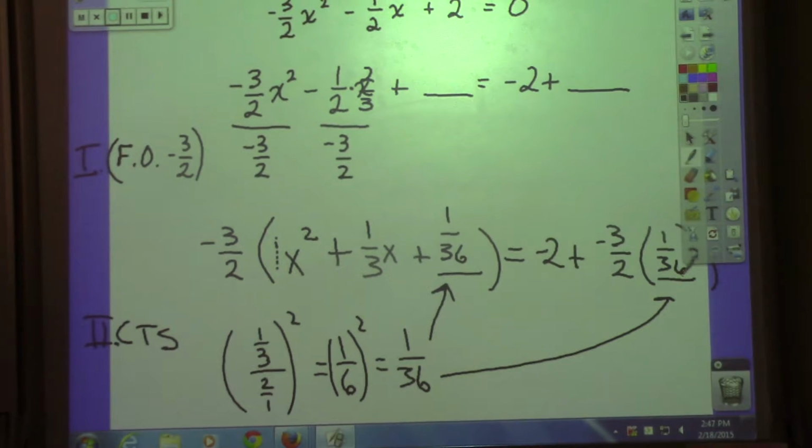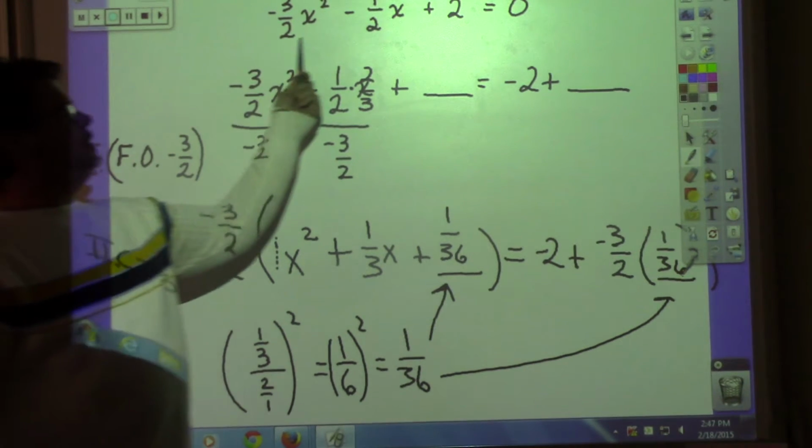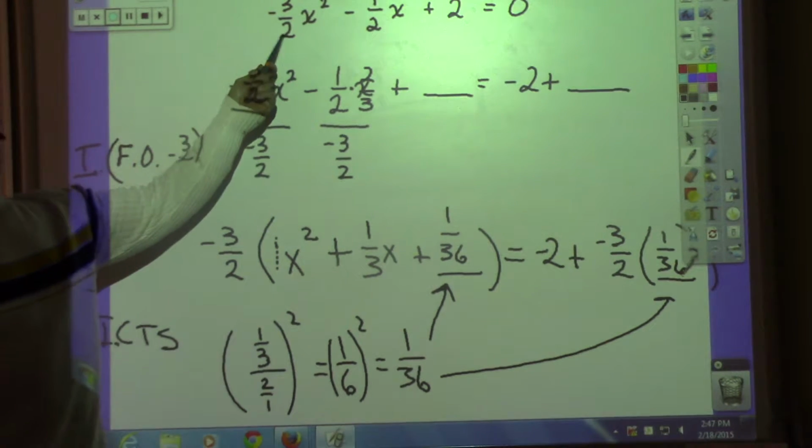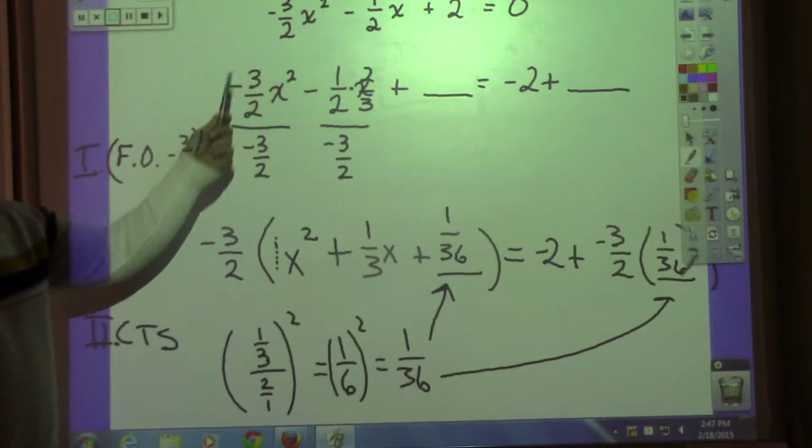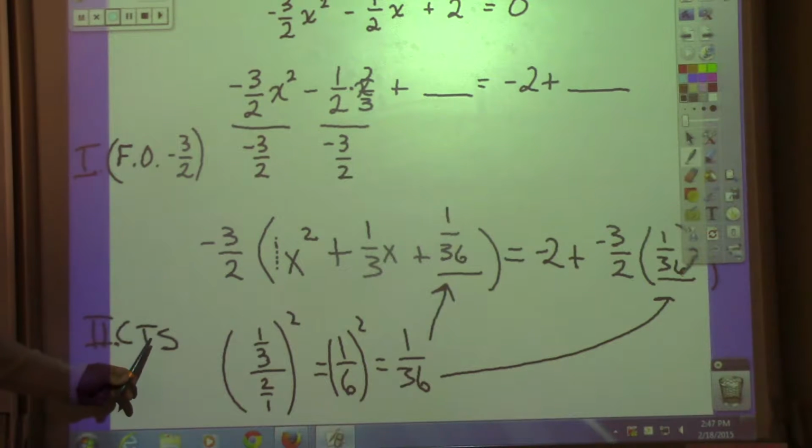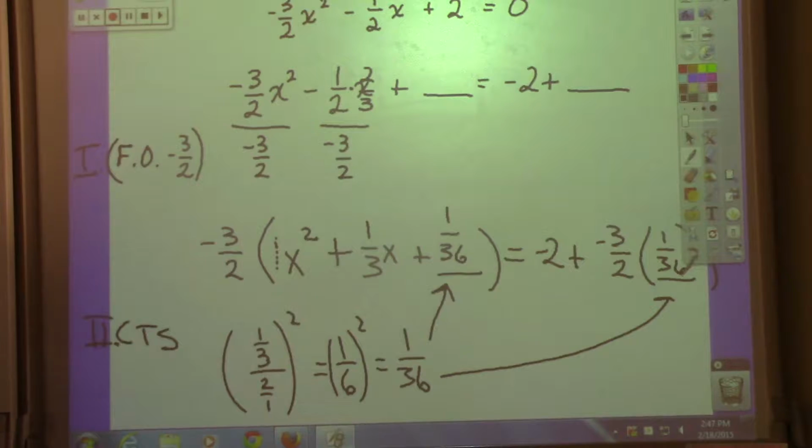The biggest problem with these problems, and these are test questions right here, these are test questions, is y'all try to do this first. And you can't do that. You got to do this first.